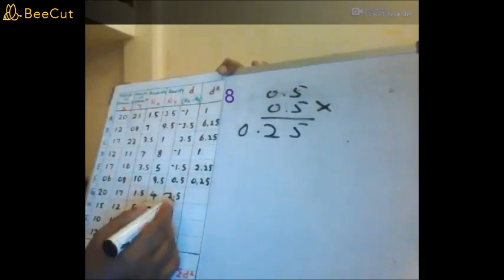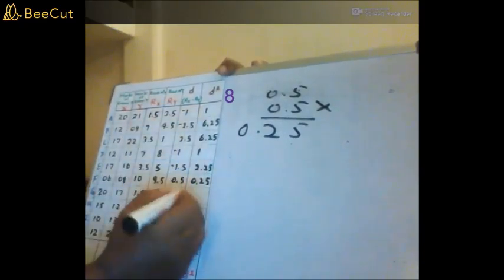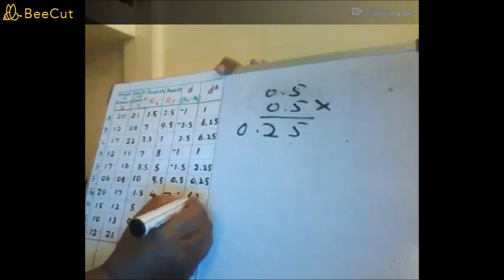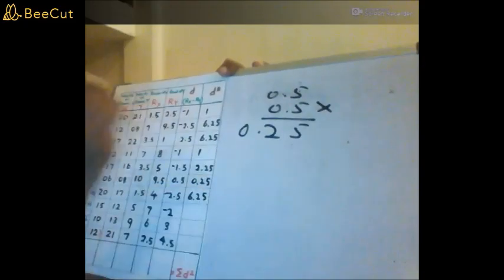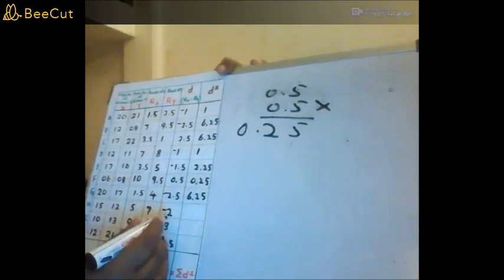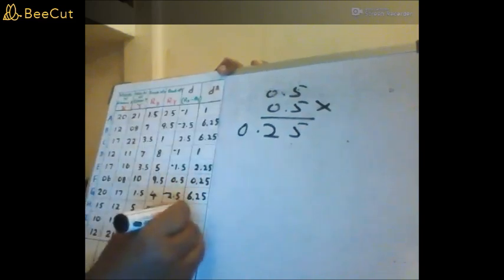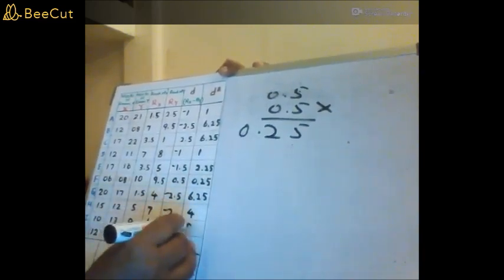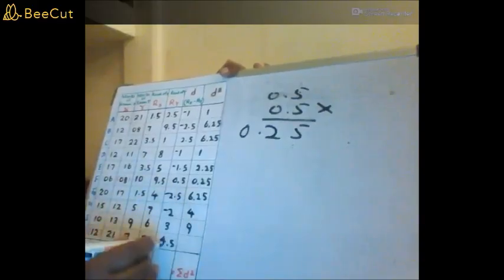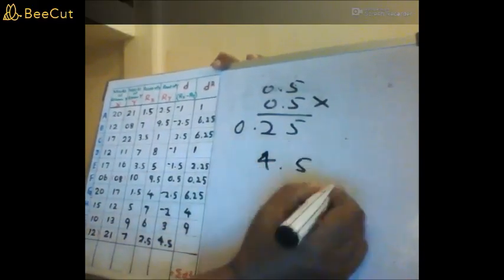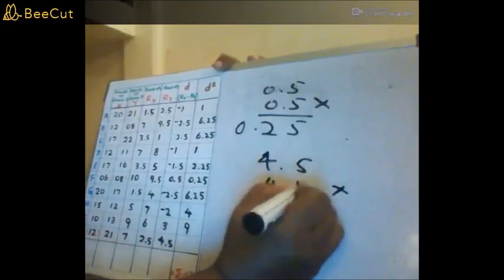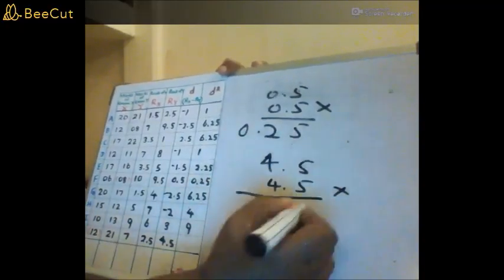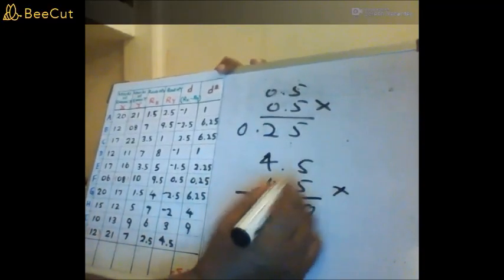Minus 2.5 into minus 2.5, it's correct, 6.25. Then minus 2 into minus 2, squaring, so it's 4. 3 into 3, 9. 4.5 into 4.5, you do it your way.